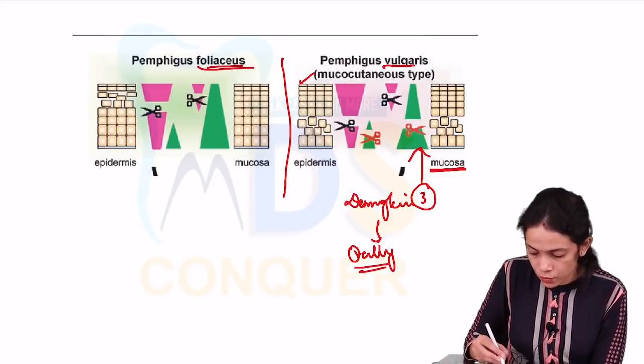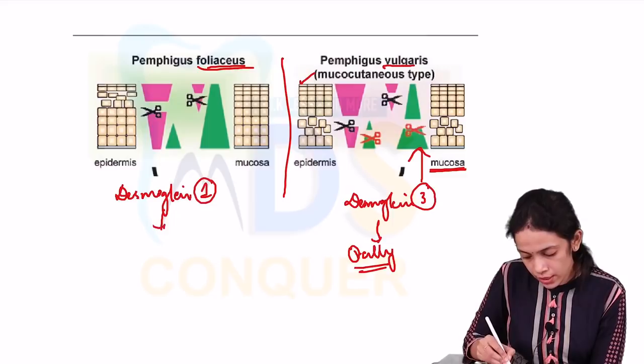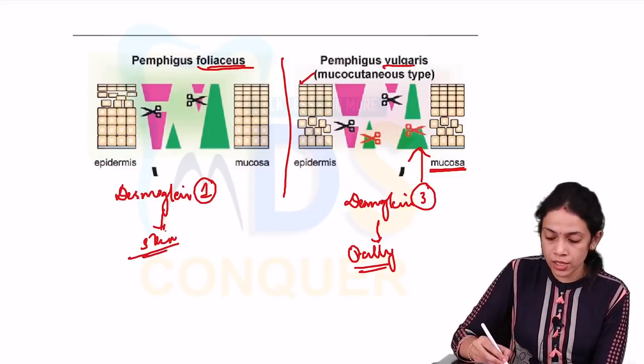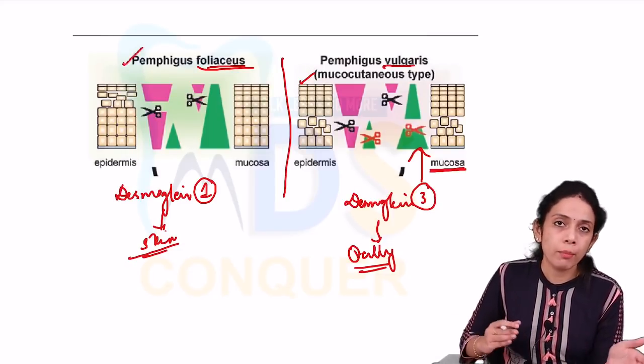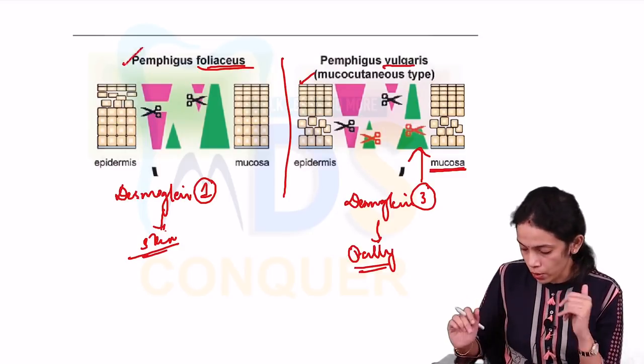Whereas in pemphigus foliaceus, it is against desmoglein 1, right? So the skin lesions are first and a little more severe when compared to oral lesions. This picture clearly shows the difference based on the etiology.